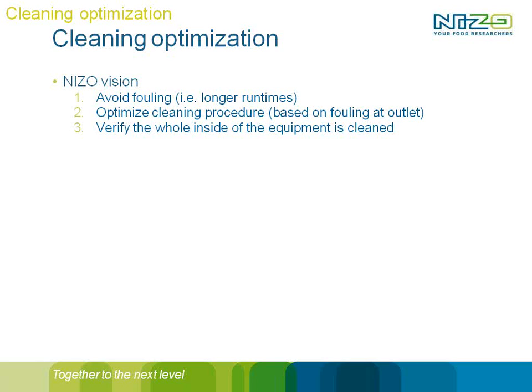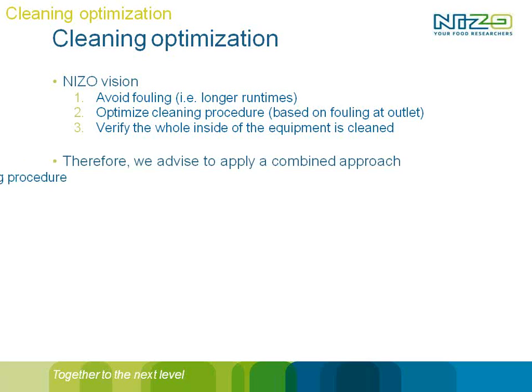And of course you don't do that every time, but if you're doing an optimization, check it, since dead corners, specific spots which are not cleaned well, bacteria, mineral deposits, protein deposits, they can just remain over there.